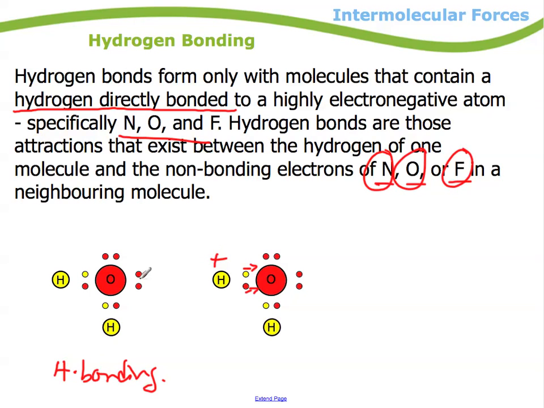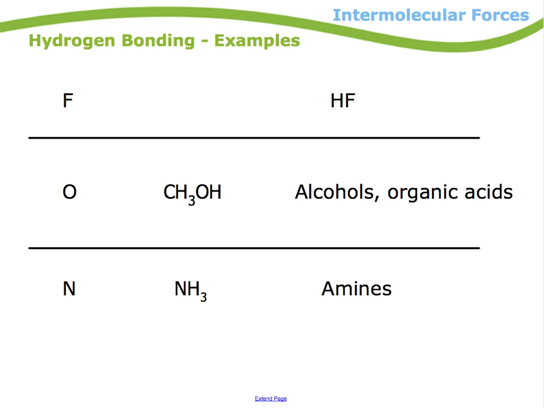And an oxygen has two non-bonding pairs of electrons. So hydrogen bonding is the attraction between those non-bonding pairs of electrons and the hydrogen of a neighboring atom. Hydrogen bonds are those attractions that exist between the hydrogen of one molecule and the non-bonding electrons of a neighboring molecule, specifically nitrogen, oxygen, or fluorine.